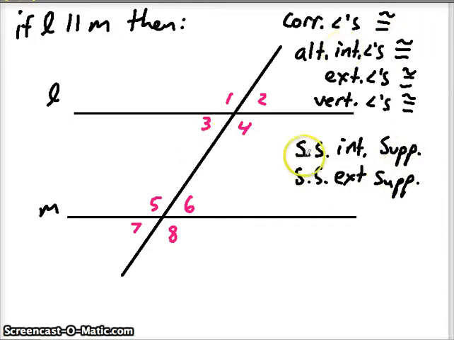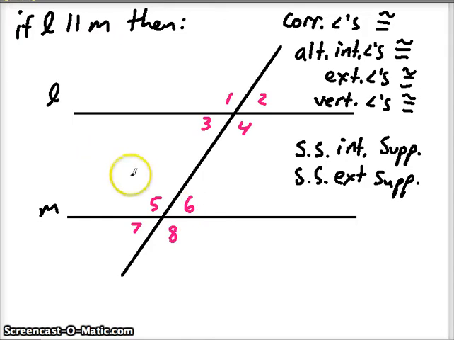Okay, so same side supplementary. Try and remember that. So that means that 1 and 7, those are same side exterior. They're going to add up to 180 degrees. Okay. Same side interior, 3 and 5. Those two angles will add up. Their sum will be 180 degrees.